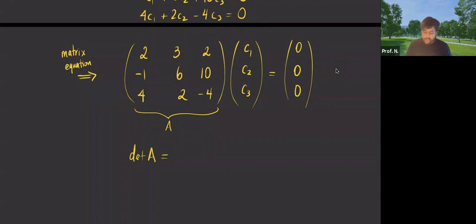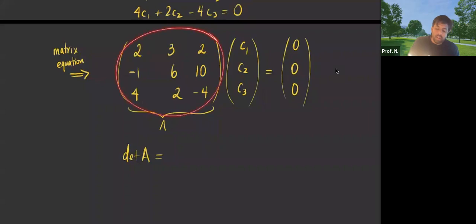But just to make our lives a bit easier, I'm going to plug this in to my calculator, and I hope you guys are able to do it in yours. You should know now how to do these things. So I plugged in the entries of this coefficient matrix, and now I'm going to simply compute the determinant of this matrix.